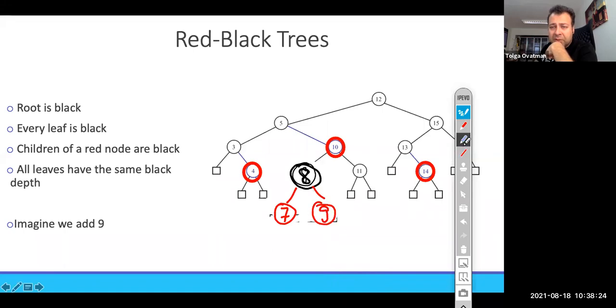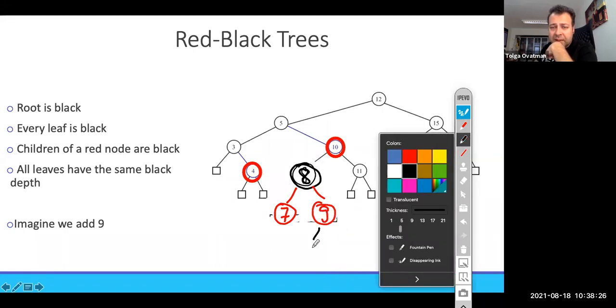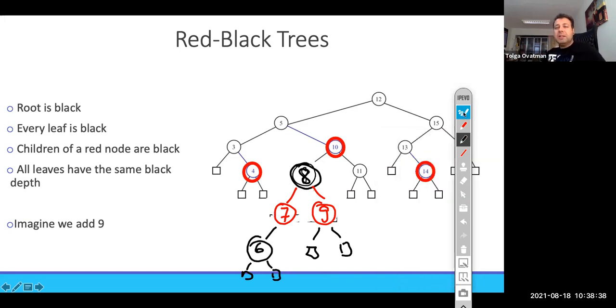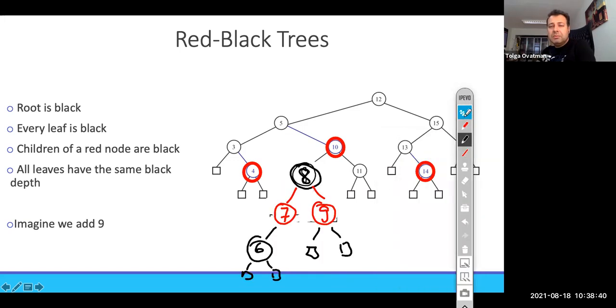Both children would be black at that time. And there was also 6, a child of 7, and it was black. Okay, and my tree would look like this. So let's count if that obeys the rules.